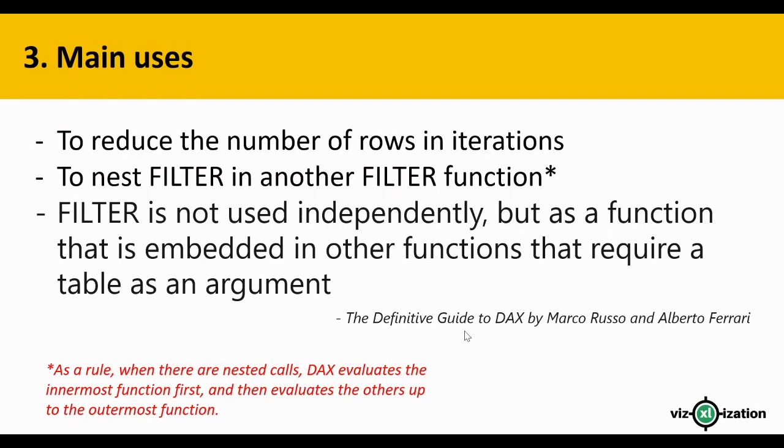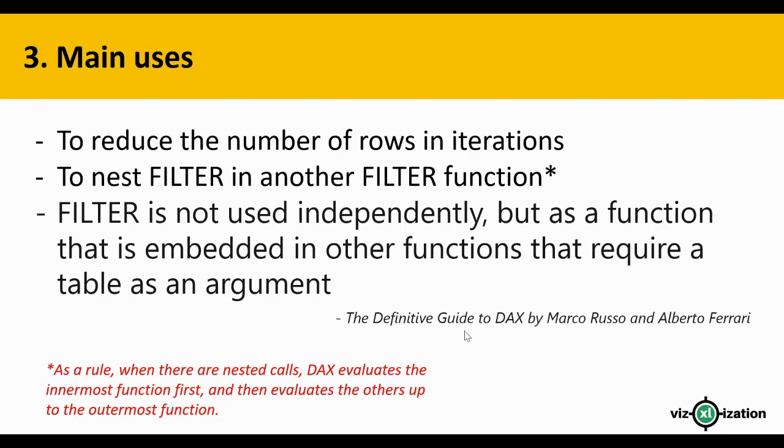Here we have 3 different important points. The first one, this function helps us to reduce the number of rows in iterations. The second use, we can use this function to nest FILTER in another FILTER function. This is very, very useful as well. And finally, FILTER is not used independently, but as a function that is embedded in other functions that require a table as an argument.